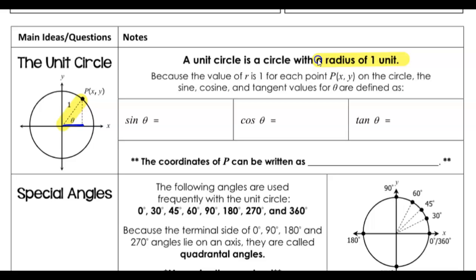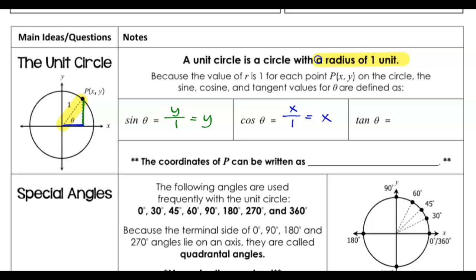This distance right here is the y-coordinate. And so in the angle, when we're thinking about that perspective, the sine is just going to be the y-coordinate divided by the hypotenuse, which is 1, which simplifies to the sine is always the y-coordinate. And then the cosine is going to be the x-coordinate divided by the hypotenuse, because that's adjacent, and that really ends up being the x.